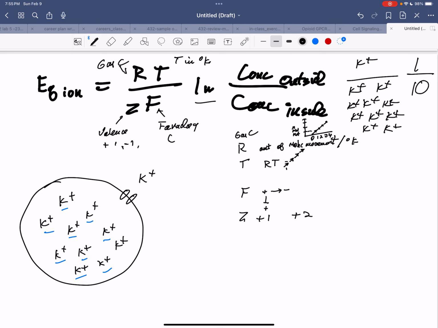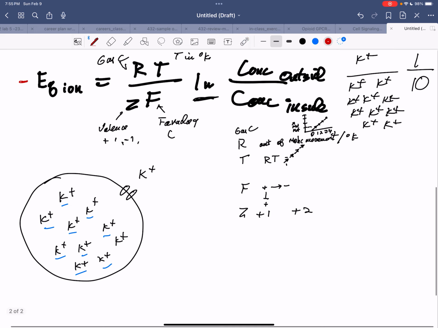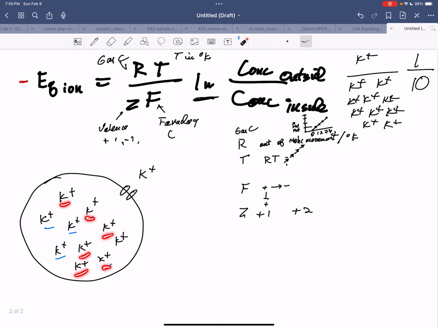We're taking the natural log of 1/10 here. Natural log of a fraction is negative, and so that means our equilibrium potential is going to be negative in the case of potassium being held inside. That makes sense because it's going to take a negative charge to hold this in.